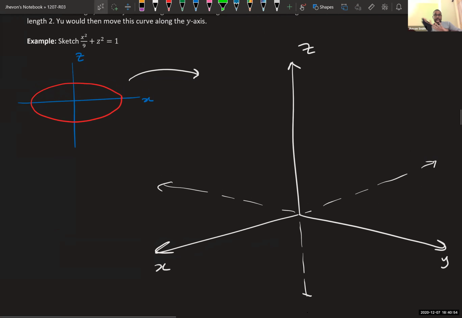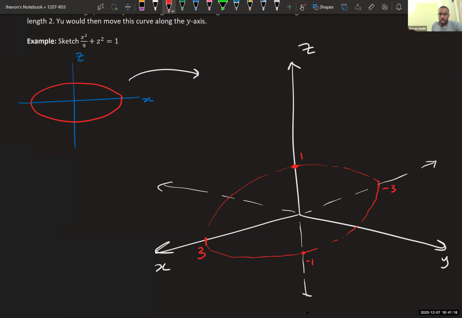now, if I look at the XZ plane, there is a guy that looks like this, right? And I even know it will touch the X axis at 3 and -3, and it will touch the Z axis at 1 and -1.